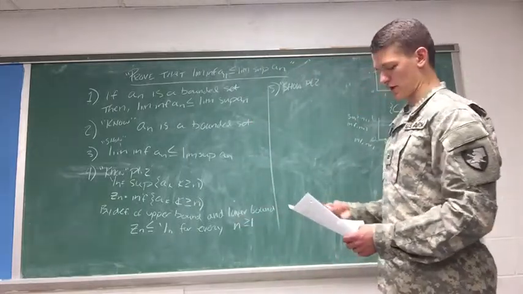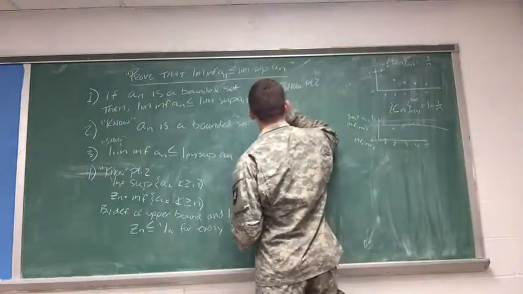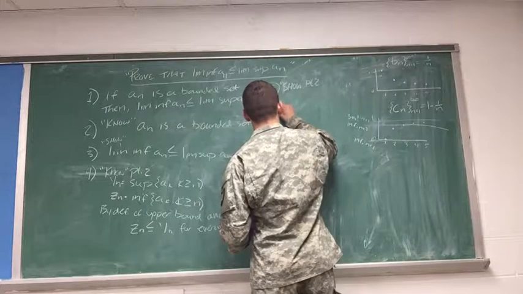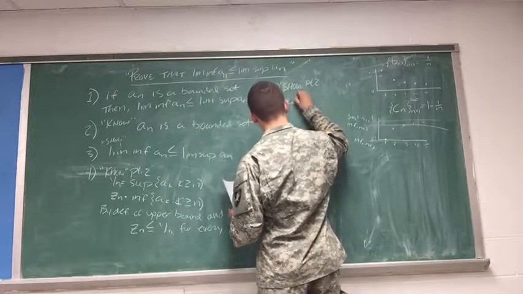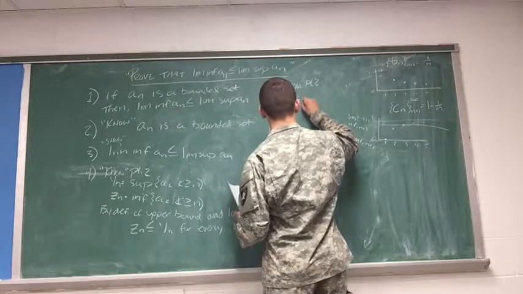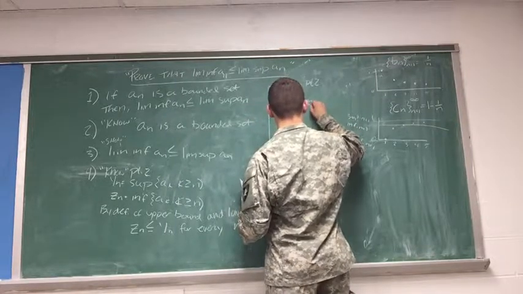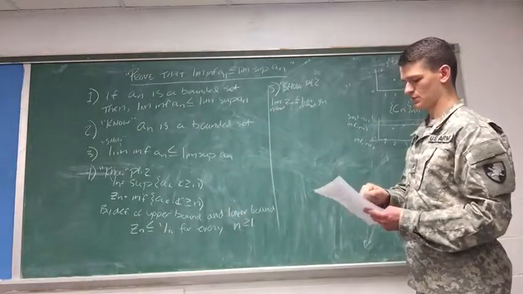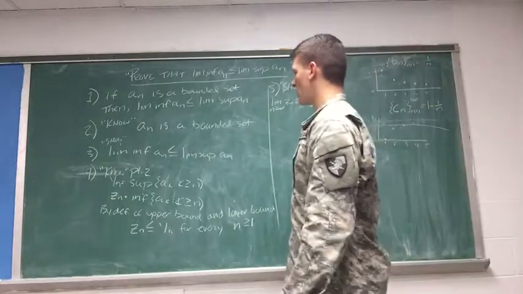So I can also write that slightly more mathematically as the limit as n goes to infinity of z sub n is less than or equal to the limit as n goes to infinity for y sub n. So these are the things that I had.